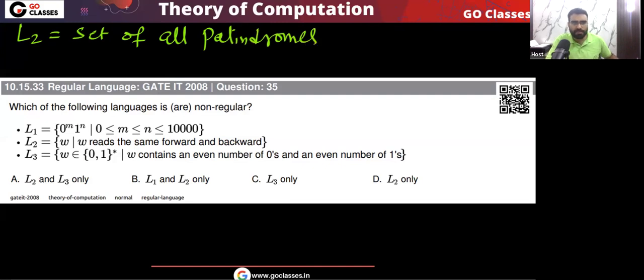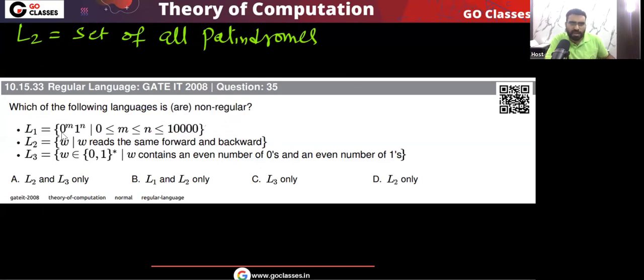Okay, one thing here, in this L2, is the alphabet given to you or not? Let me know. The alphabet is not given, but you can easily see from option A, from L1 and L3, what the alphabet is.